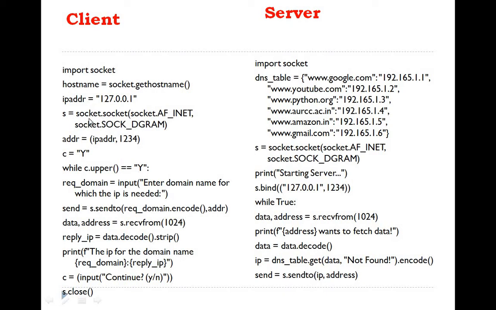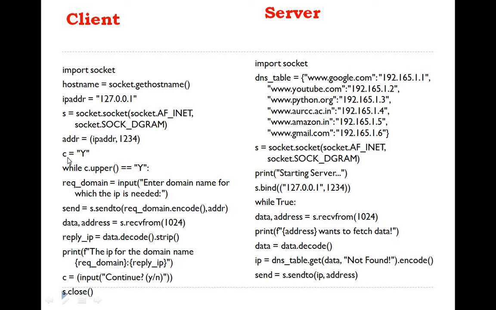Here I'm creating a socket instance using socket.socket with two parameters. One is the address family of the internet. The other is the socket type; since it is UDP, I have to mention the type as datagram, SOCK_DGRAM. Now I'm associating the address, the IP address and the port number, and storing it in ADDR.